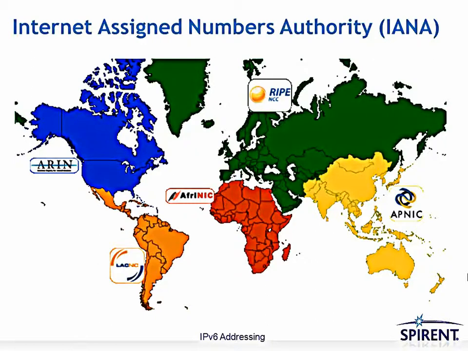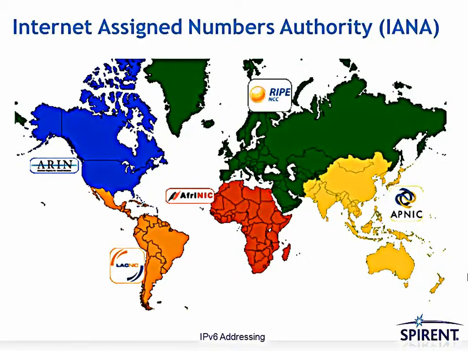IANA's various activities can be broadly grouped into three categories: assigning domain names, protocol assignments, and number resources. For the number resources specifically, the IANA coordinates the global pool of IP and AS, or Autonomous System numbers, providing them to Regional Internet Registries, or RIRs.